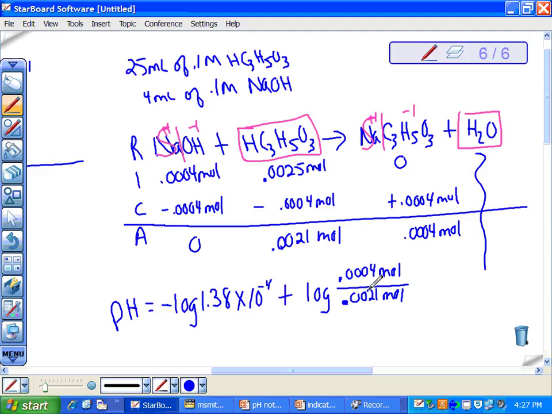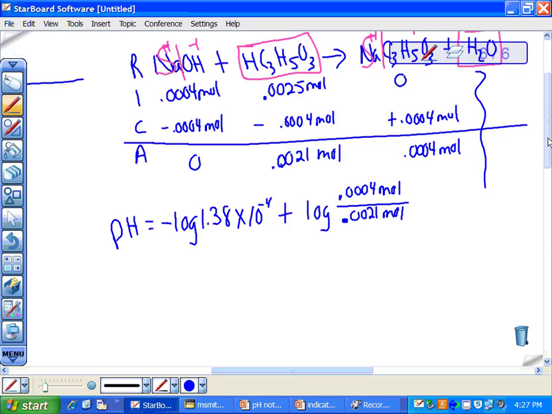But if you were to change it to molarity, you would need to divide by 29 milliliters. You would divide this by 0.029, and this is divided by 0.029. The proportion here is going to be the same. So Henderson-Hasselbalch works in moles. The negative log does not work in moles, and some people are missing that on their quiz.